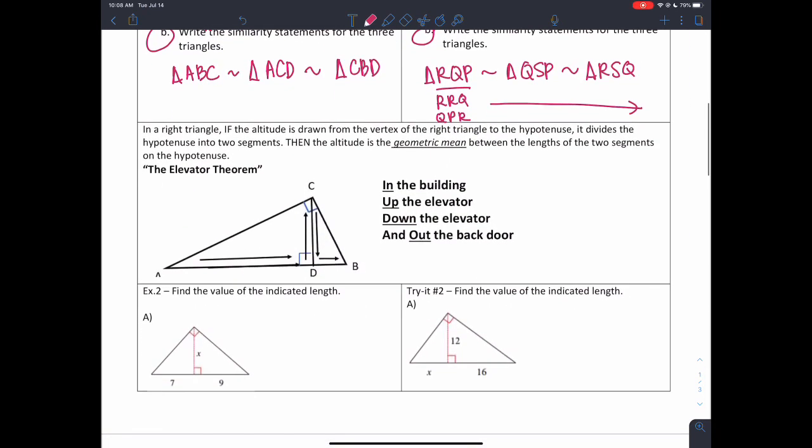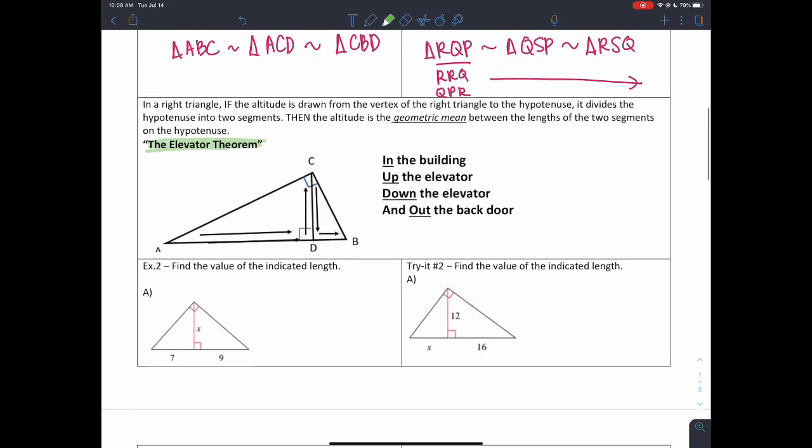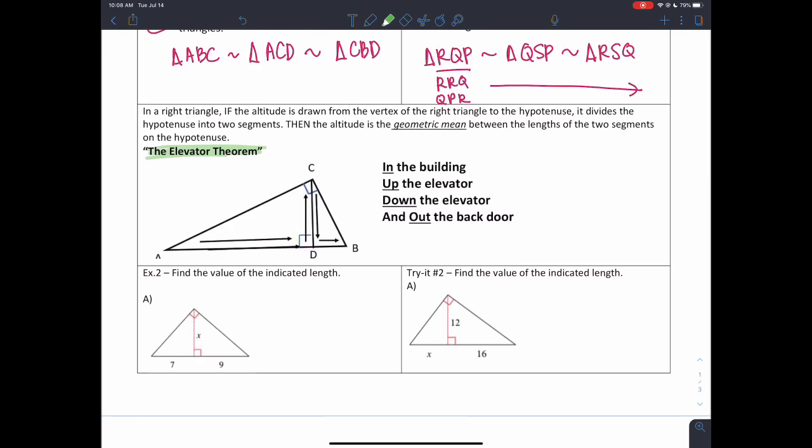Now, in this part of the lesson, we are going to work through the elevator theorem. When you have an altitude in a right triangle, because the triangles are similar, we can find missing sides using proportions, just as we started using in the previous lesson.